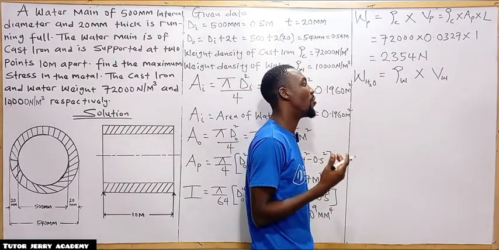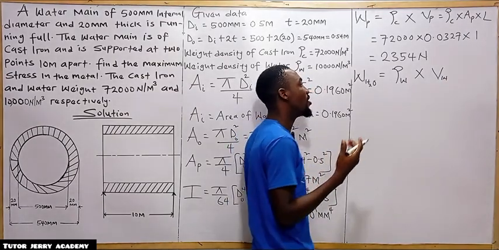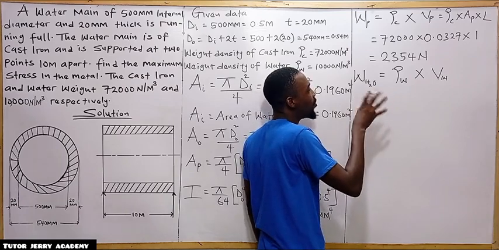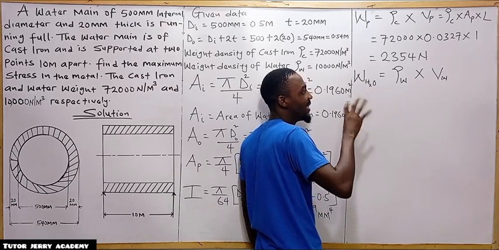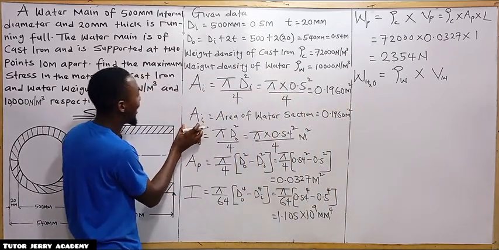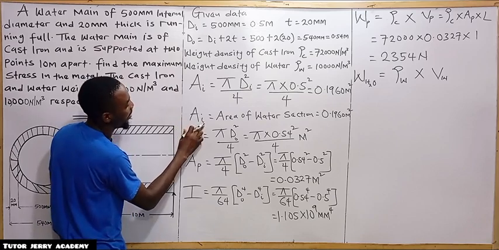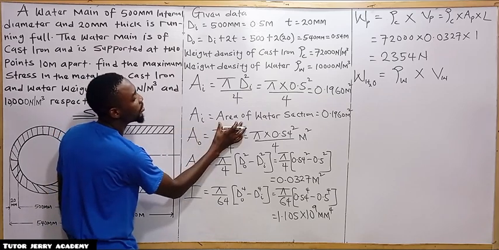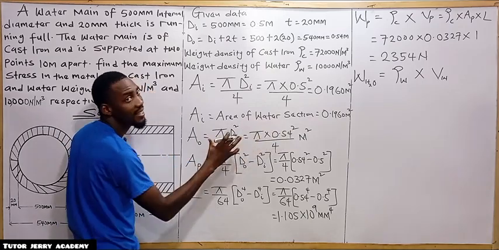And our volume of water here is going to be the area of the water section times length. And don't forget, I have already told us that our internal area here is equal to the area of the water section.